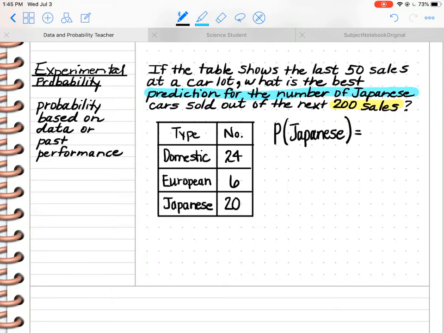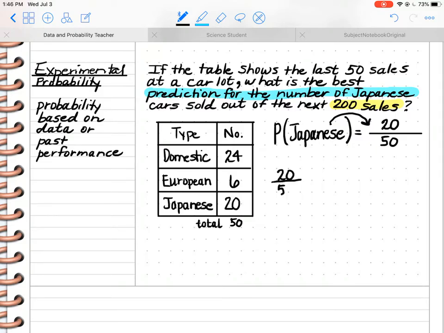So we look at our table, we look at our experimental data, and remember whatever's in that parentheses will go on top, so 20, and I need the total number of cars. You can add those up, or you can just read in your problem that the total was 50. Either way is fine. But that's your bottom number. Okay? So 20 over 50 is your ratio.